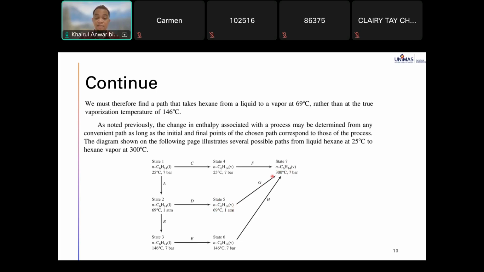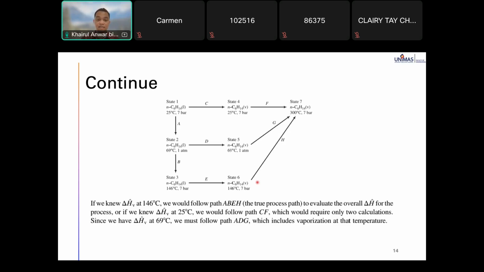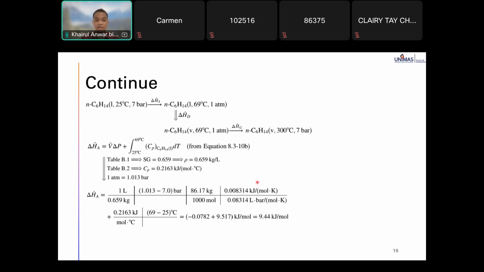We need to increase the temperature to 300 degrees C. So here we use table B2 CP to calculate path G, the integration of the CP from table B2 from 69 to 300 degrees C. The explanation is the same thing. So this is the first path A.